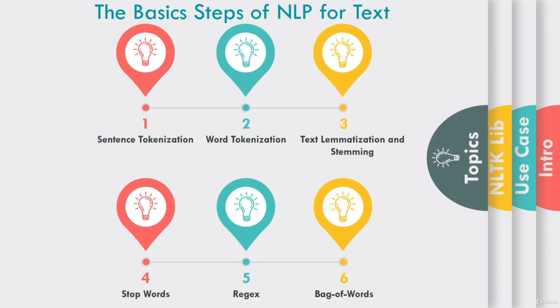So guys, this is the fourth step, and the fifth step is regex. You must be aware of regular expressions in Python. So we will be using regular expressions to filter the text so we can feed limited text to our machine learning model. Now guys, the last step is bag of words.